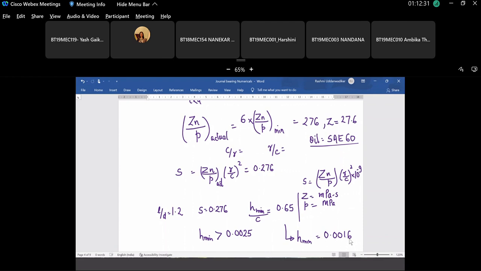So if you change the L by D to say 2, or if you make it 1.8, your H minimum by C will come out to be 0.7, 0.75. Please check for what value of L by D you are getting H minimum greater than 0.0025.